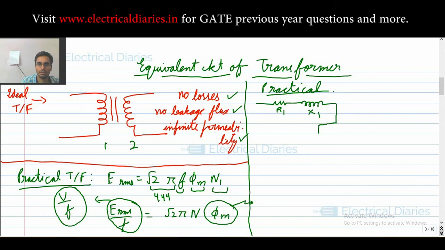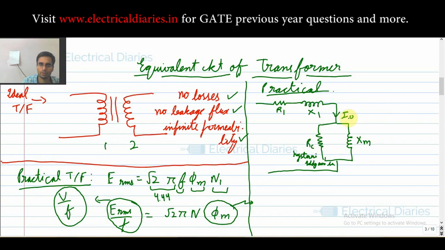Then you get your magnetizing branch, because your machine is never of infinite permeability, so there is some current needed to set up flux in the machine. This RC is used to represent the hysteresis loss and the eddy current losses, and this is XM, the magnetizing branch, and this whole branch takes the no load current.